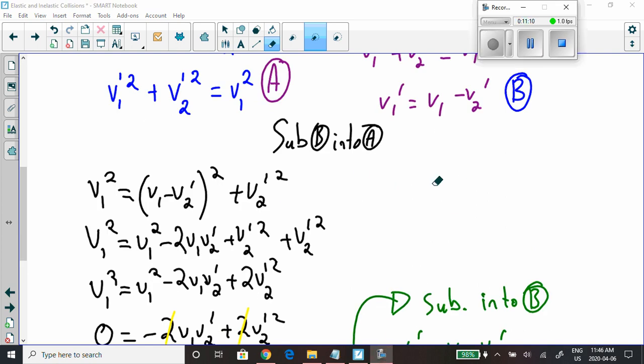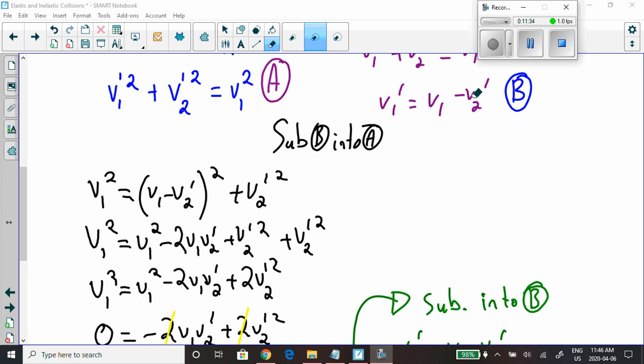And now we're going to substitute equation B into equation A. So where the v2 prime is, see that v2 prime is right there? Ooh, made a mistake, sorry. v1 prime, see it right there? I'm going to replace v1 prime with an expression for v1 prime.